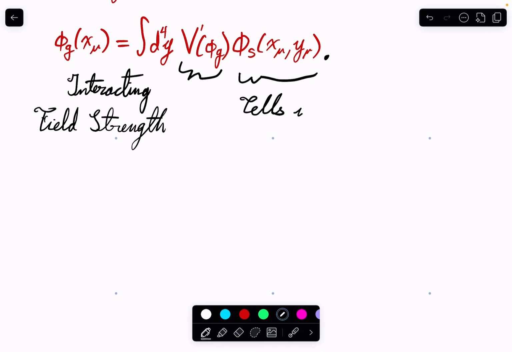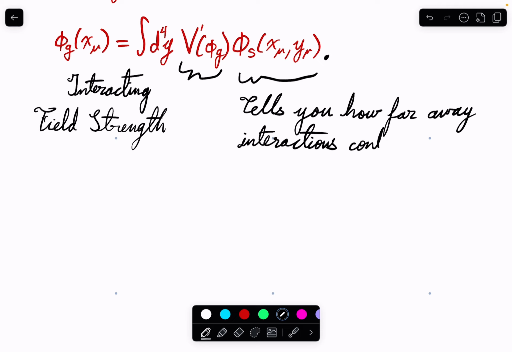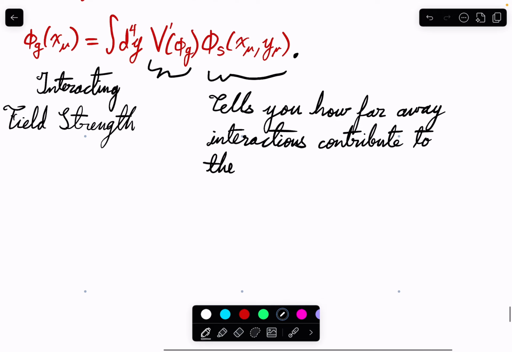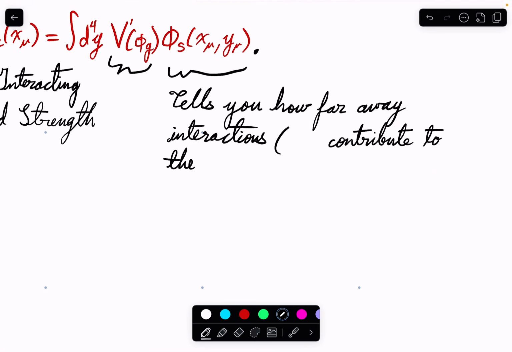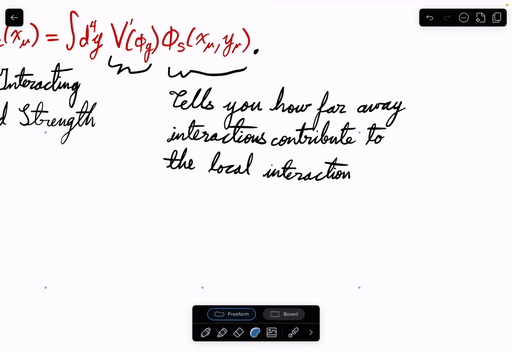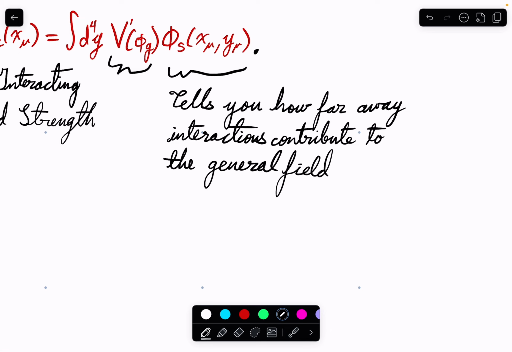So it tells you how far away interactions contribute, so basically how far away interactions at y mu not equal to x mu contribute to the local interaction, or what I would rather say, the local interaction to the general field solution.